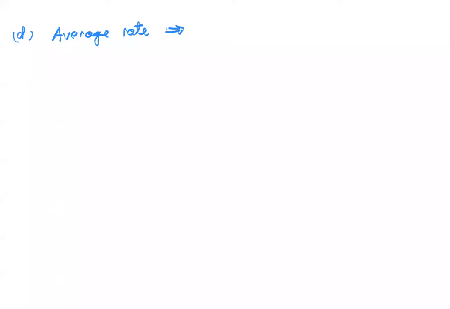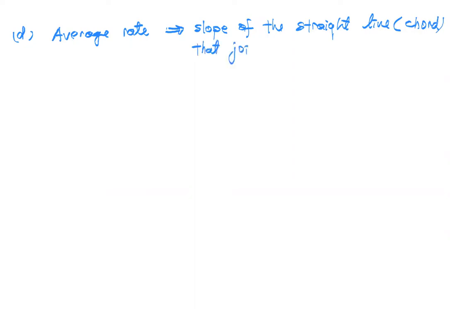So remember, average rate of change is the slope of the straight line, or we call it the chord, joining the 2 points. In this case, they want the average rate of change in the first 14 days.